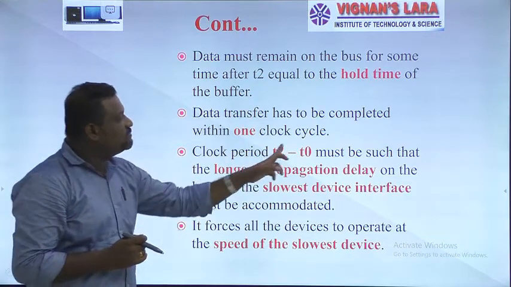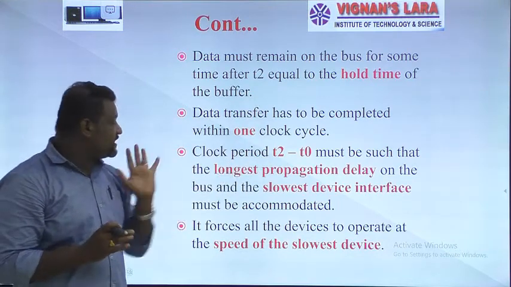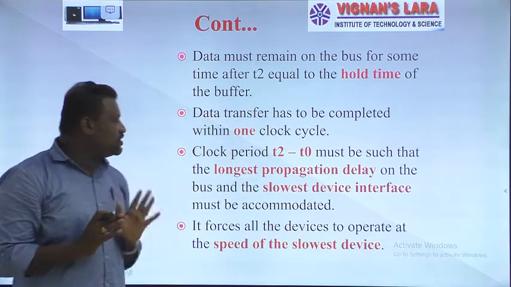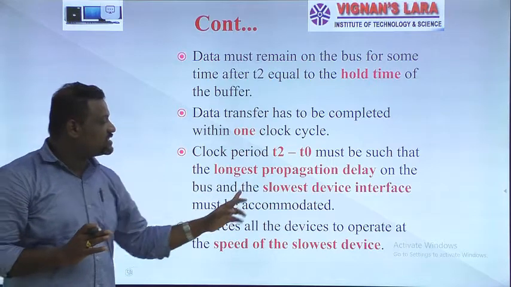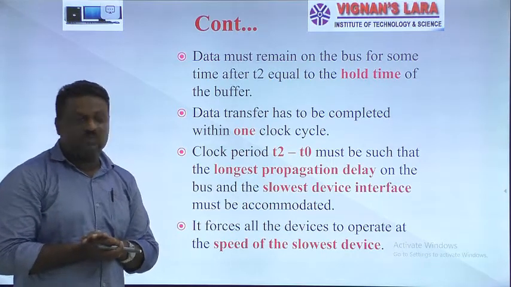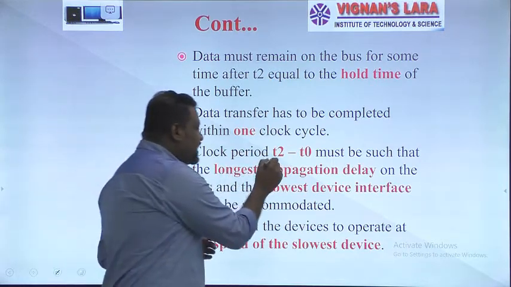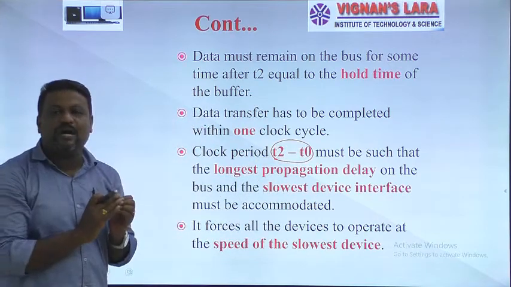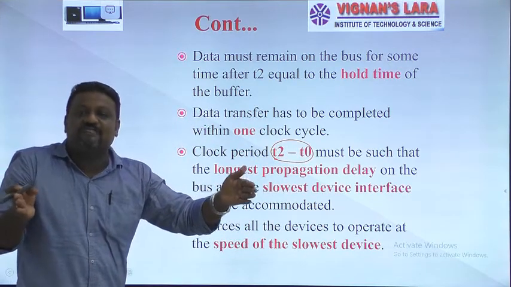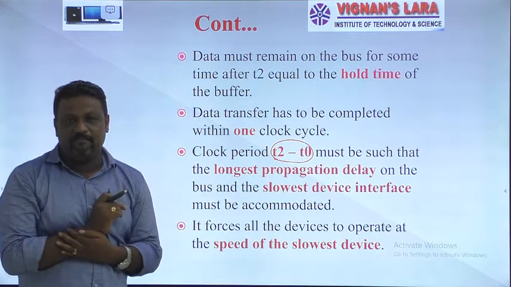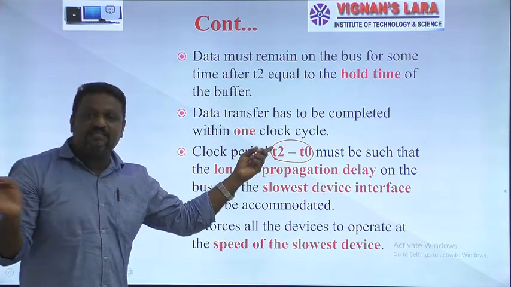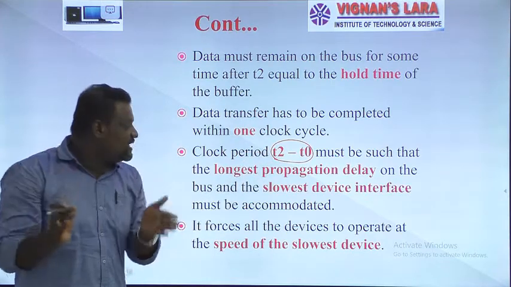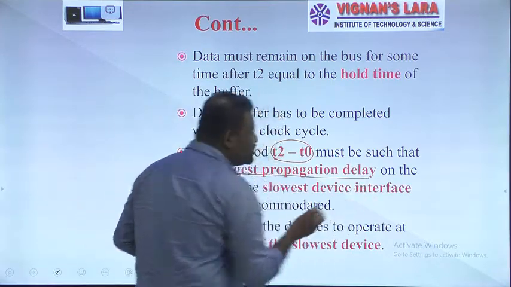The clock period T2 minus T1 must be such that the longest propagation delay on the bus and the slowest device interface must be accommodated. So the important point here is, what is the time period? That is T2 minus T0, which is nothing but our bus cycle or complete clock cycle. This value must be such that we consider the longest propagation delay.